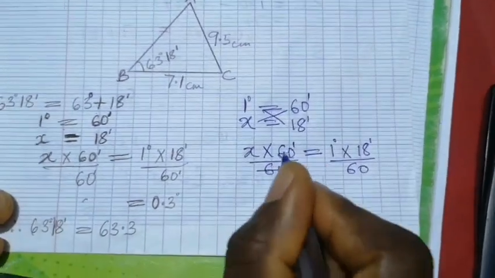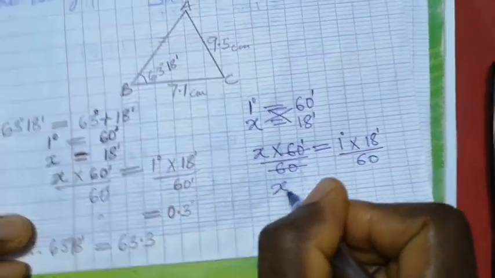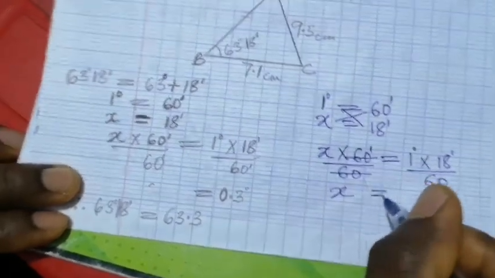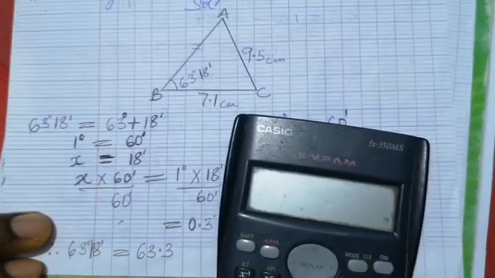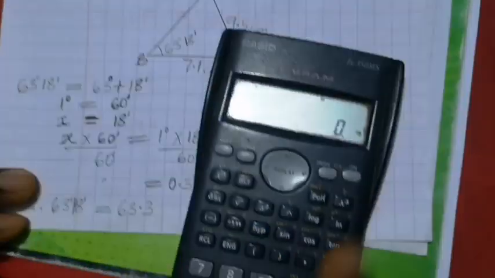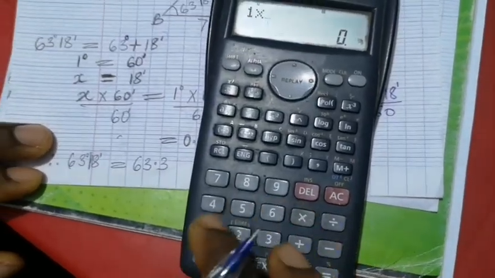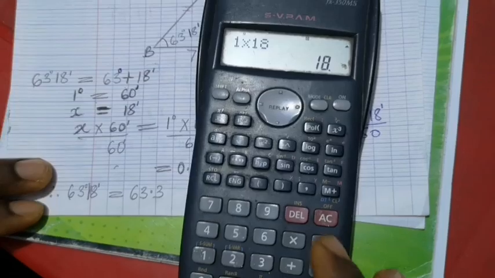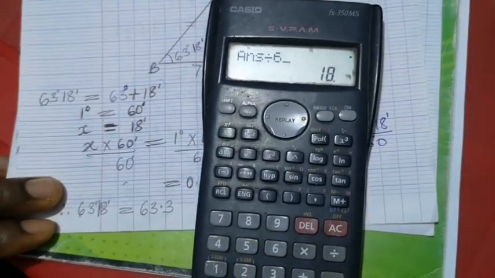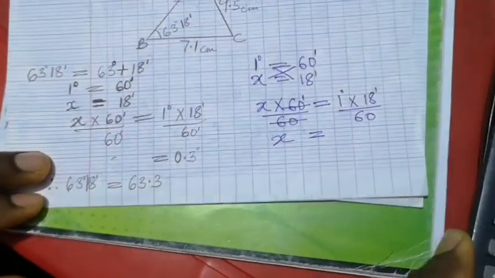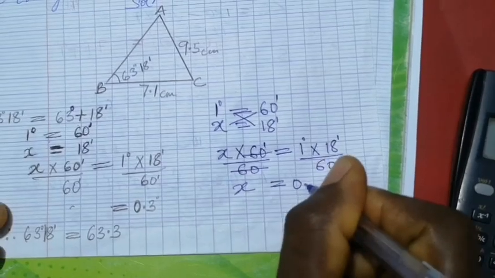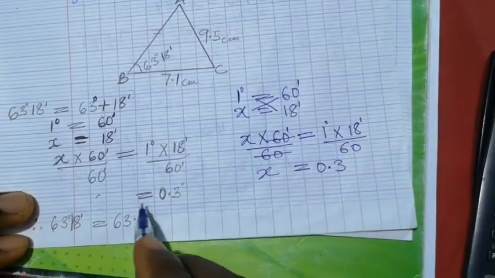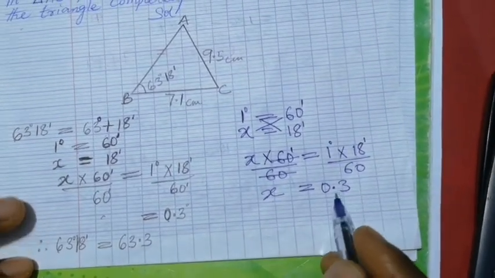So 60 cancels here, we have only x, and 1 times 18 is 18, then divided by 60 is 0.3, and that is what we have here. So x is 0.3.